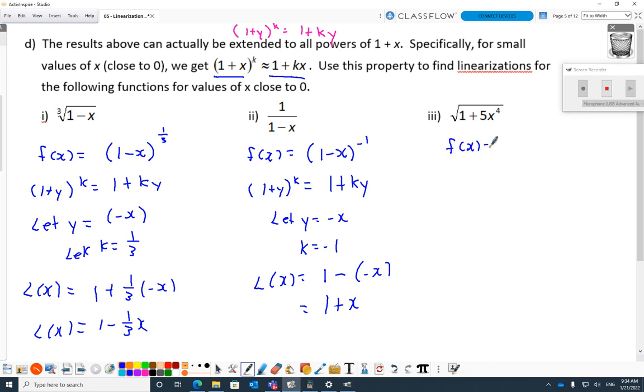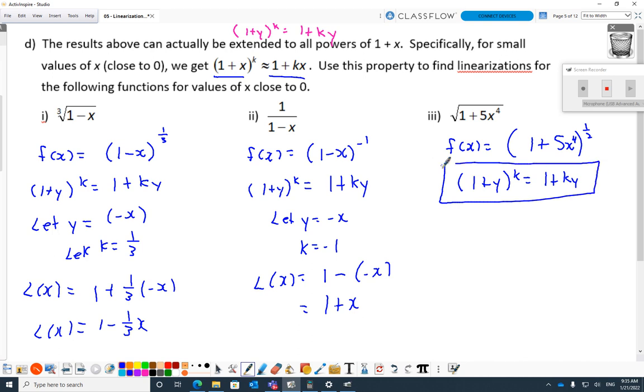Well, let's just check where you're at with this, because this is the toughest one in the pile. If we can nail this, we're in great shape. I wrote my function as (1 plus 5x to the fourth) to the 1/2. I've got my shortcut linearization, which is 1 plus y to the k equals 1 plus ky. There's my shortcut. What would you let y equal, and what would you let k equal to make this shortcut work?